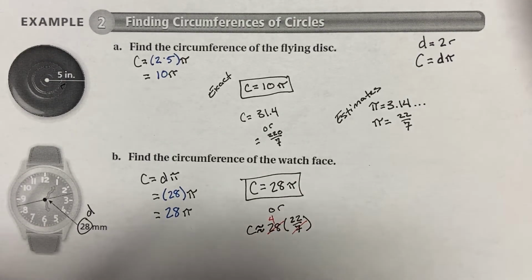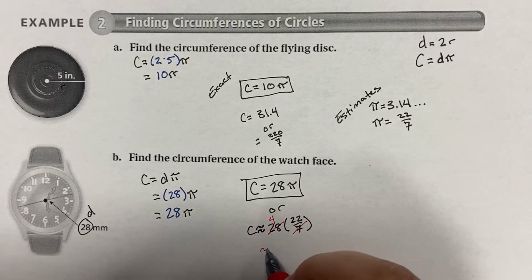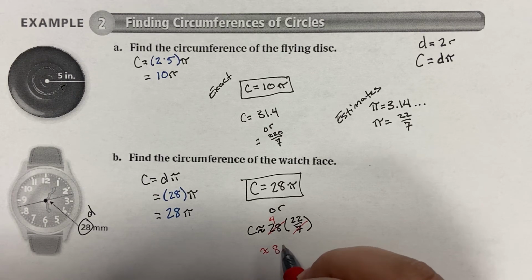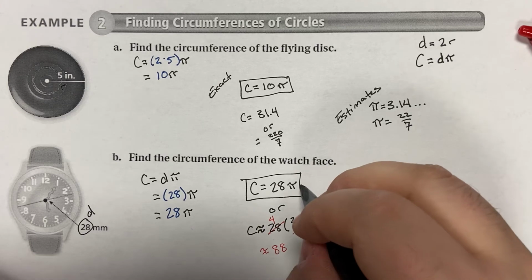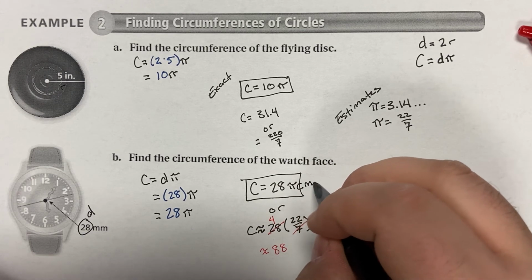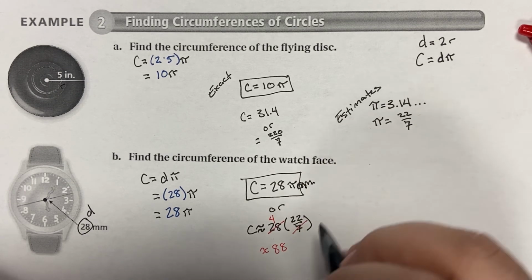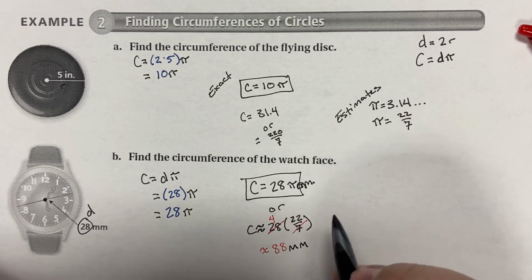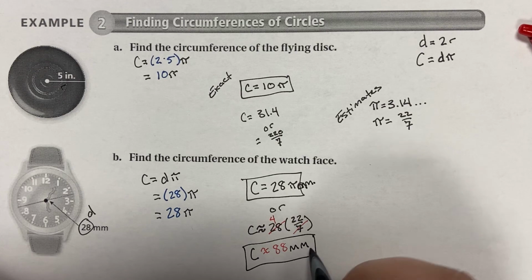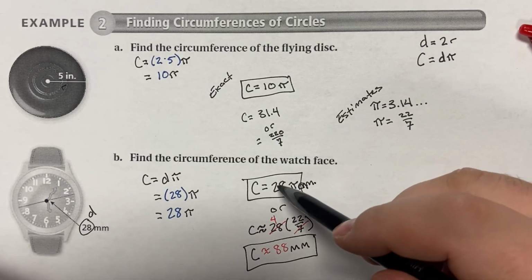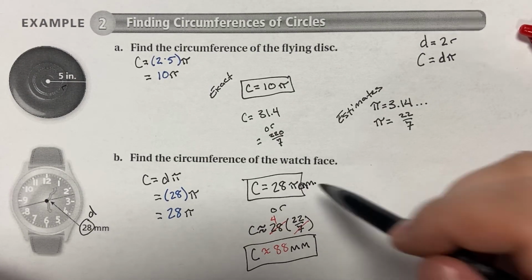And 4 times 22 is going to be about 88. And I did forget my labels. So this is supposed to be centimeters, or sorry, millimeters. Oh my goodness, I can't read right now. Millimeters. Therefore, our circumference is about 88 millimeters, or equal to 28 pi millimeters.